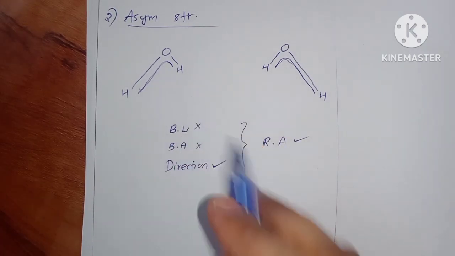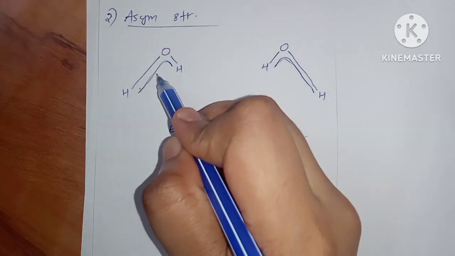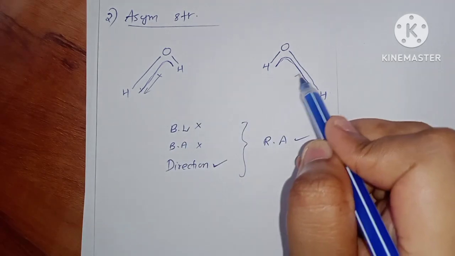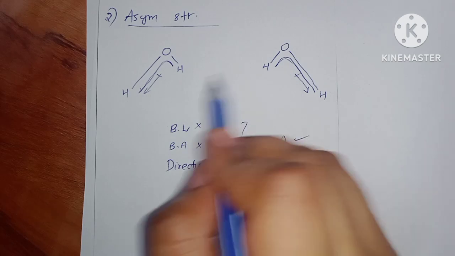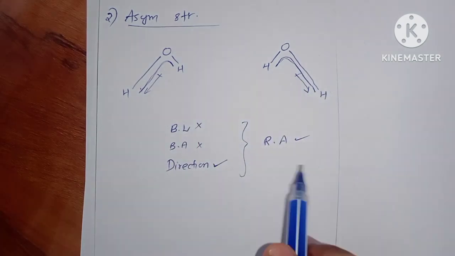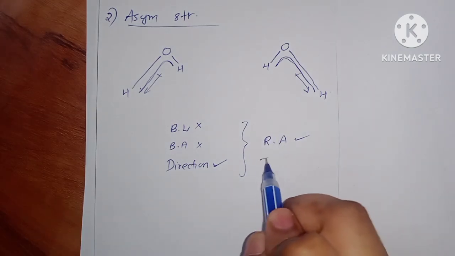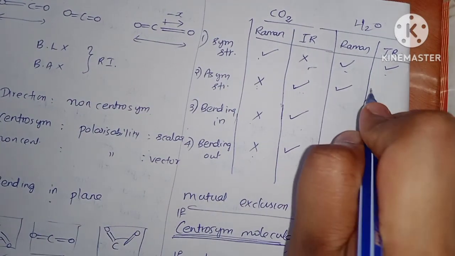Considering IR activity, we look at the dipole moment. Here the net dipole moment is towards this side, here towards this side. So the direction is different, so the dipole moment itself is different. There is a change in dipole moment, so this mode is IR active also. Here also we get both Raman and IR active.